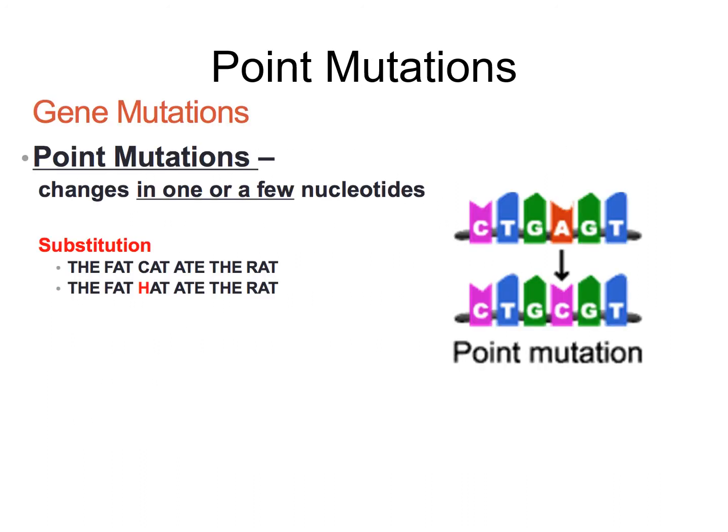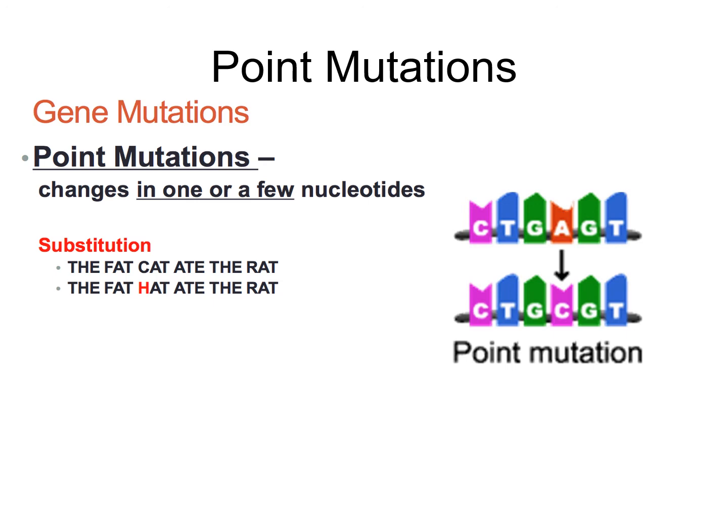Now, one type of gene mutation is called a point mutation. And a point mutation, basically just one or two letters are changed. So it would be like me changing the recipe from saying sugar to saying salt. So we still have the same number of triplets. As you can see here, point mutations are also called substitutions.